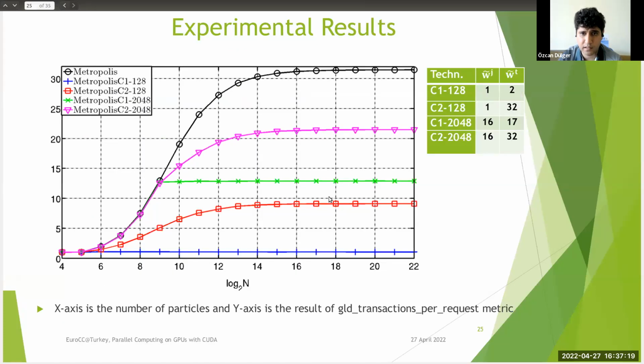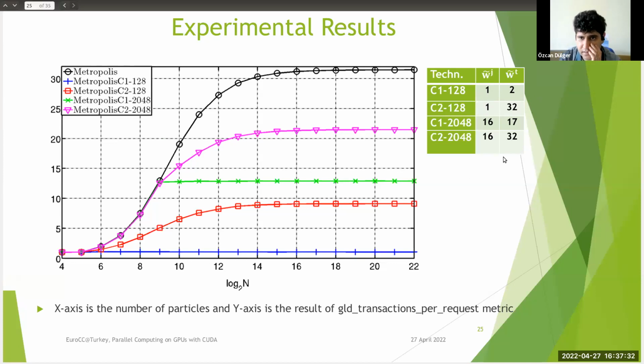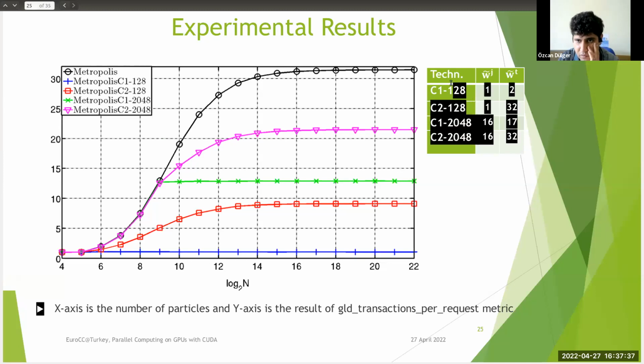Okay, let's look at the average global load transactions of the 5 methods here. This is the summary of the maximum number of transactions for reading these parameters for each configuration. Here, for example, this is the size of the S segment, and this is the size of the N segment.